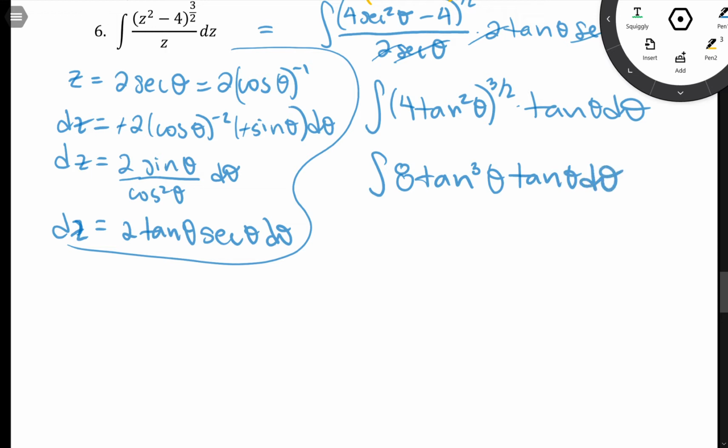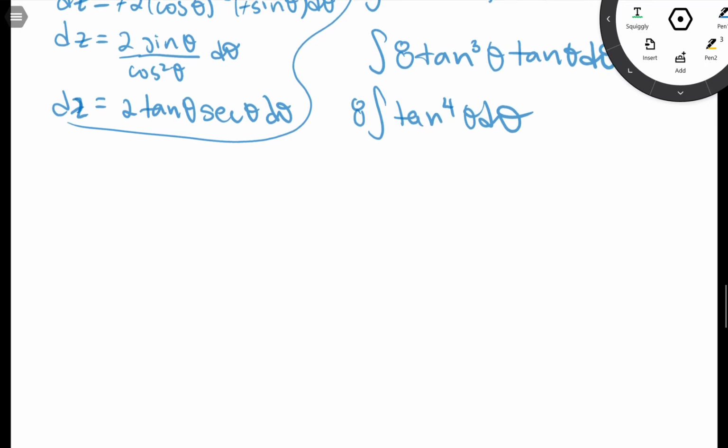Okay, and this looks kind of horrible. Tangent to the 4th theta d theta. But I know how to get somewhere with a tangent squared, so let's see what we can do with that. We can say 8 times the integral.